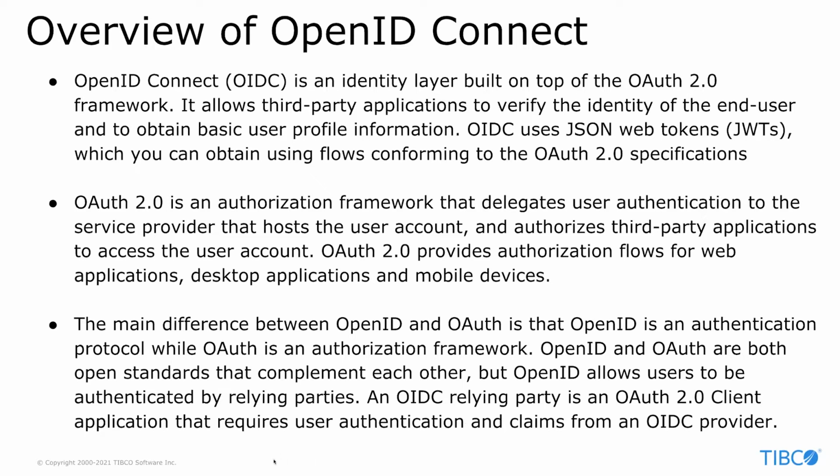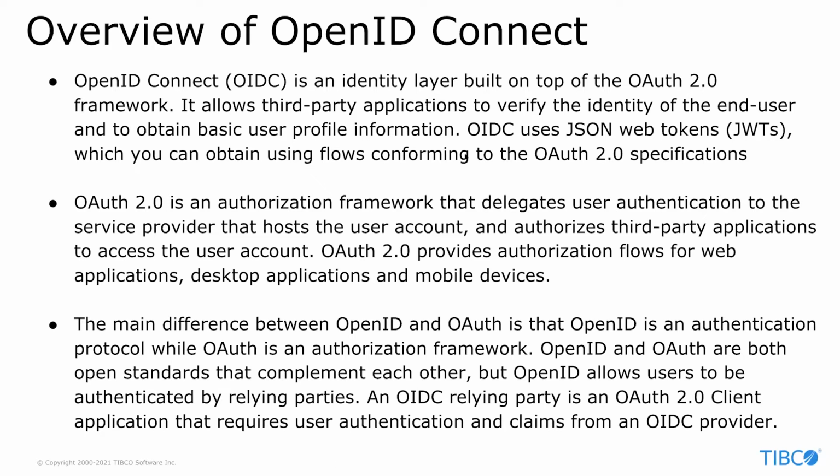First off, a little bit about OpenID Connect. It is an identity and authentication layer that's built on top of the OAuth 2.0 specification and framework. OAuth 2.0 allows for authorization, and OpenID Connect is an extension of that to allow for authentication.